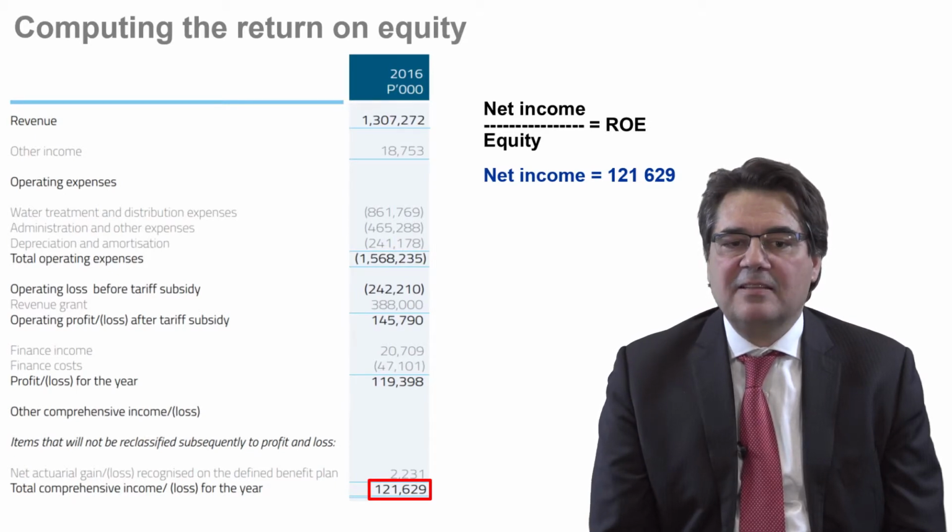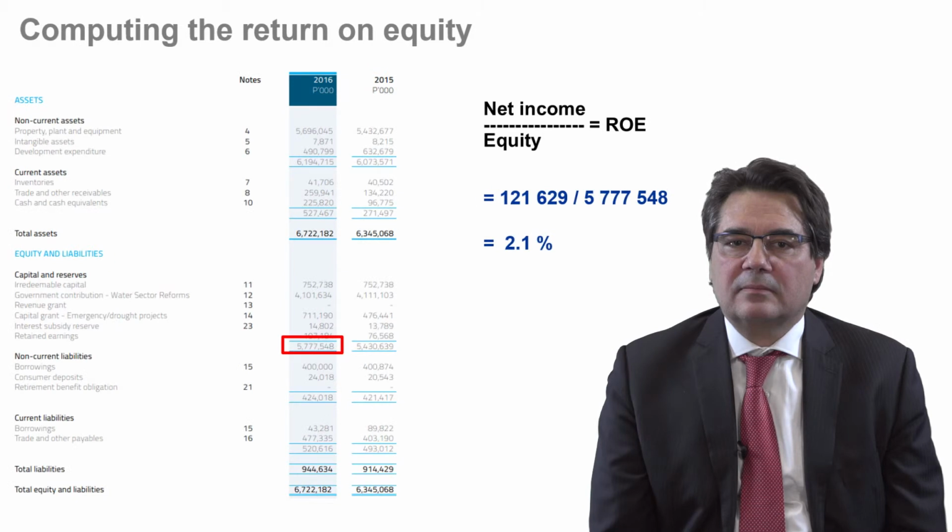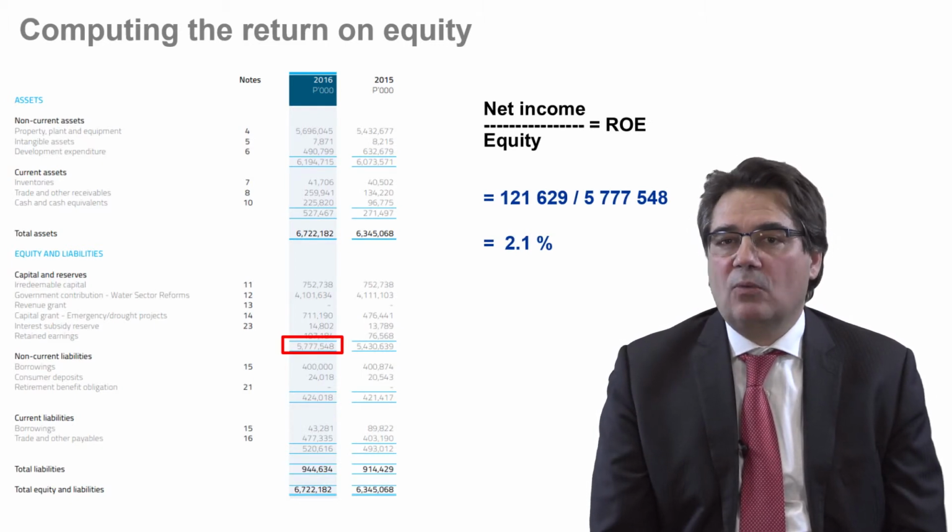The net income can be found in the P&L or statement of comprehensive income. The denominator is equity and can be read in the balance sheet. As displayed on this screen, the return on equity for 2016 is 2.1%.